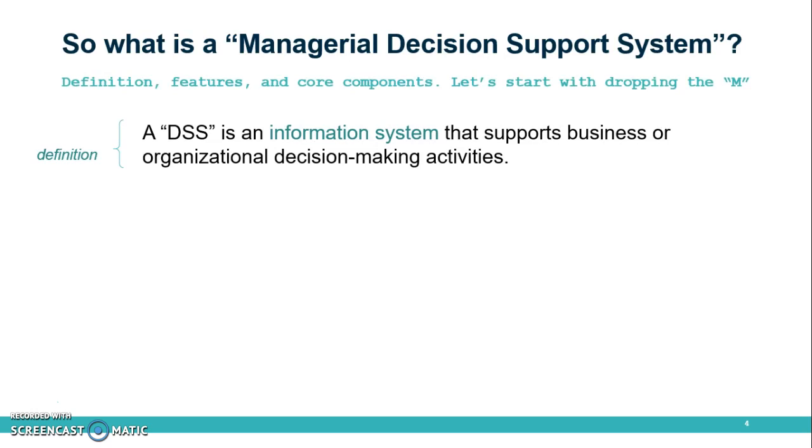We will focus on models within DSS and how they support managerial decisions within a business organization. But the general definition of DSS, I think, leaves it really for supporting decisions outside of a pure business context. So really we'll just focus on DSS.